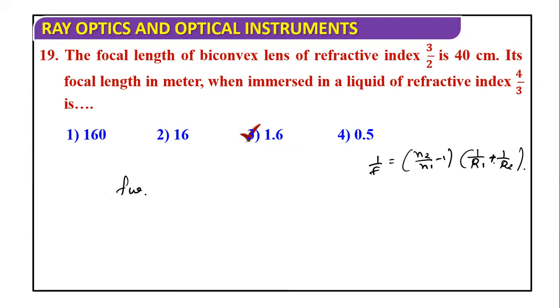So focal length in water upon focal length in air is equal to refractive index of glass minus 1 divided by refractive index of glass upon refractive index of water minus 1. Solve this and we will get the answer, 1.6 meter.